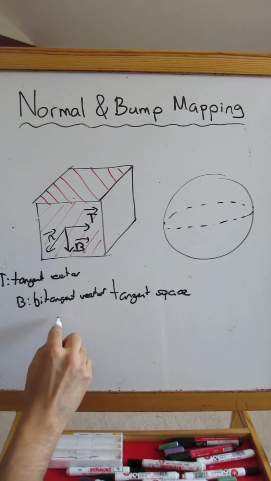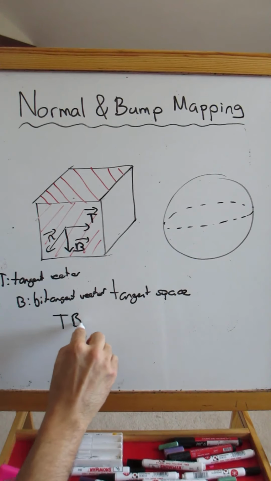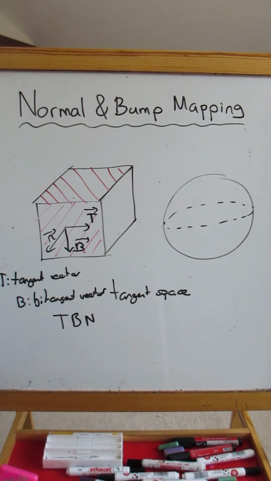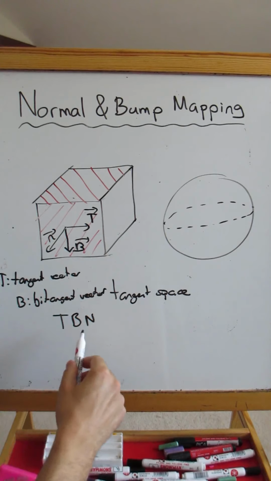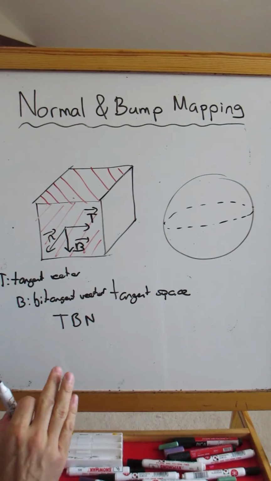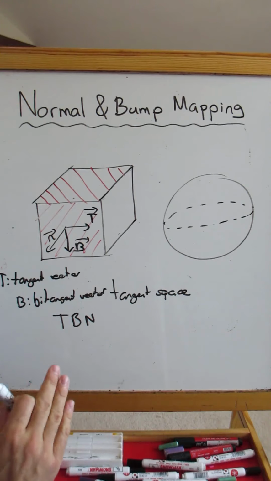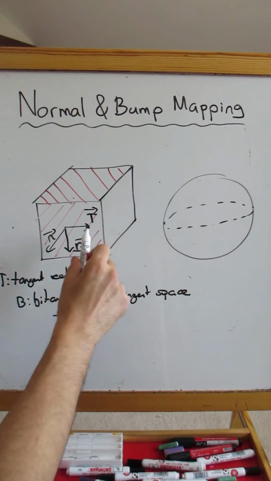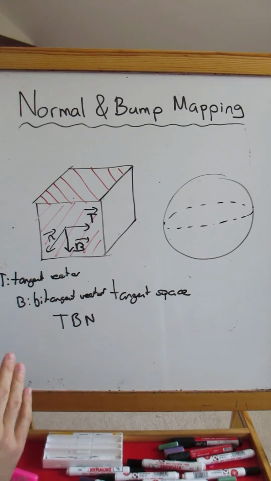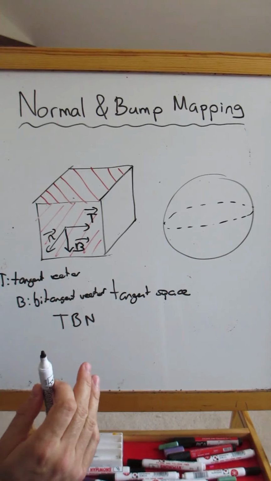TBN. So this space is typically known as TBN space: tangent, bitangent, normal. These three vectors are perpendicular to each other. Although, for correctness, it should be said that the tangent and bitangent do not necessarily have to be perpendicular to each other, but generally they are in computer graphics.